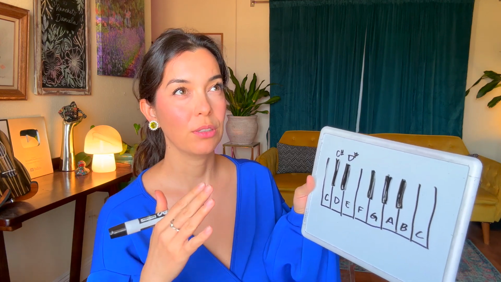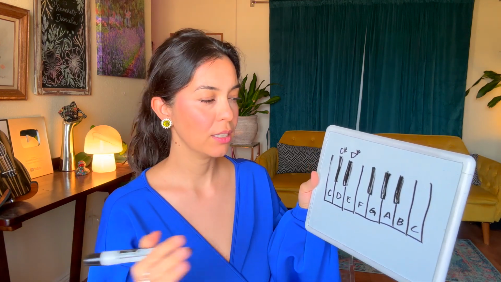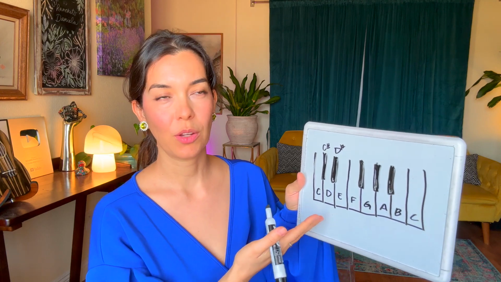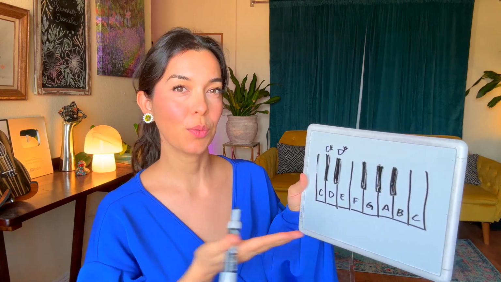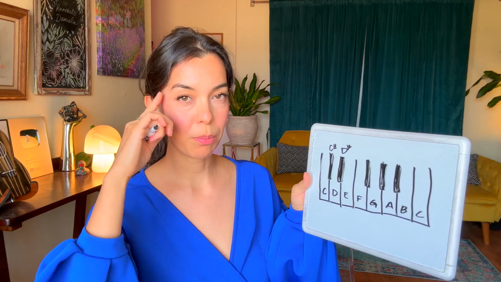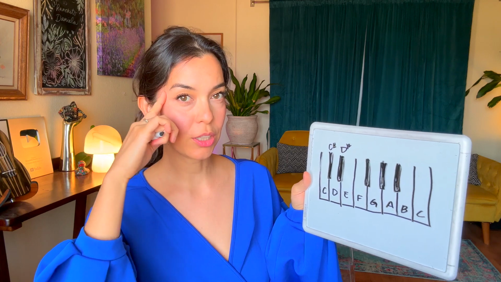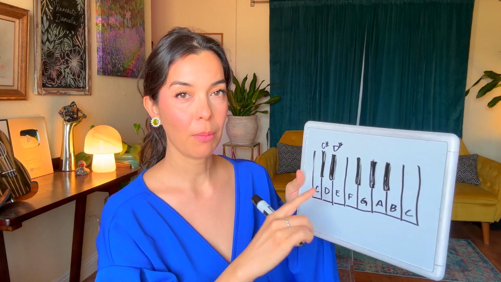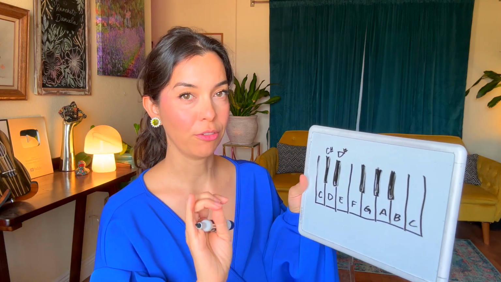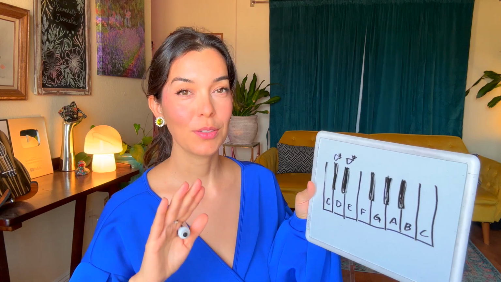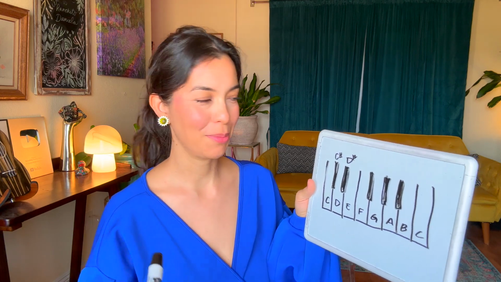We would have had to memorize it beforehand, but I wanted to use the piano as our foundation so that you would have a visual picture to go back to in your head when you're thinking about the full musical alphabet. Now today we're going to do the full musical alphabet.